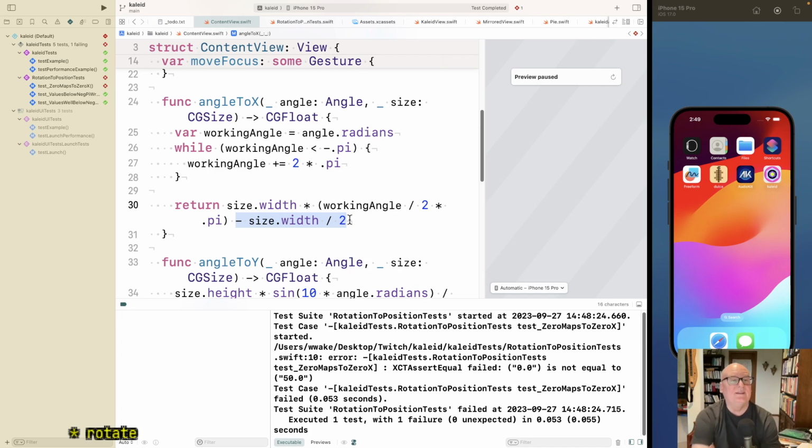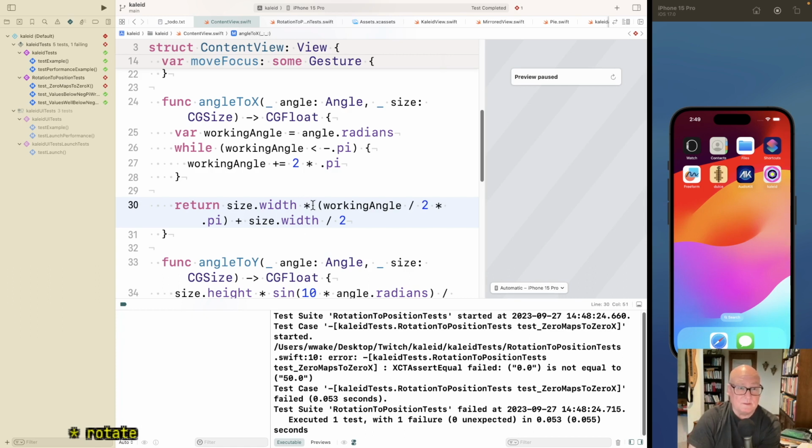Okay, so I guess if I take away half the width, so it's 100, well, it's 0. It's like I should be adding half the width. Maybe that's more right, since I got negative pi or positive pi.